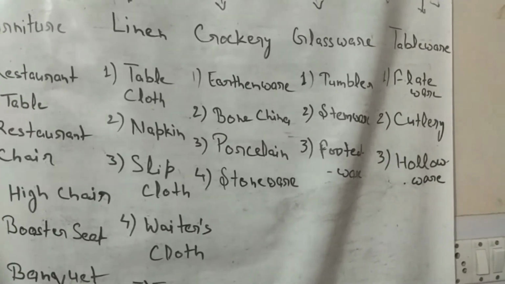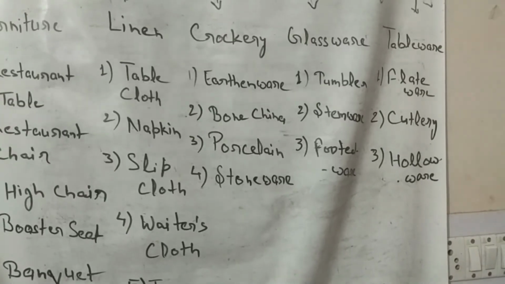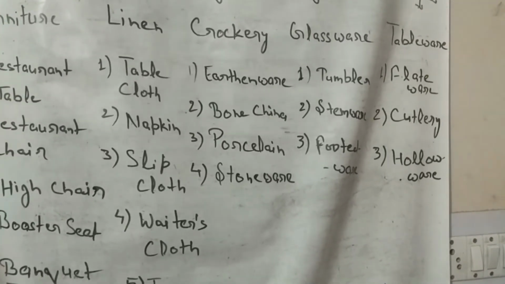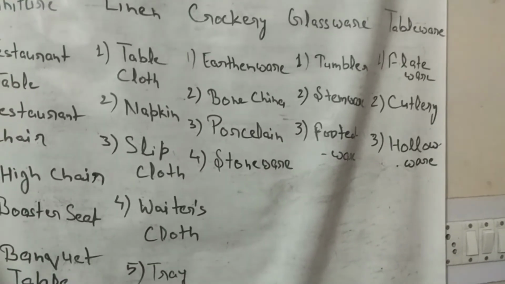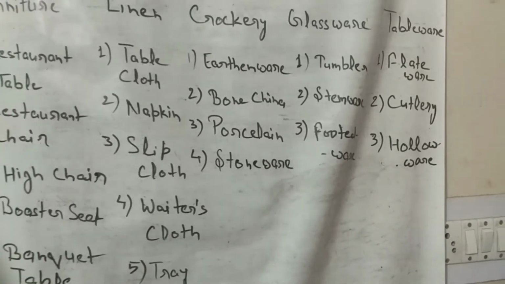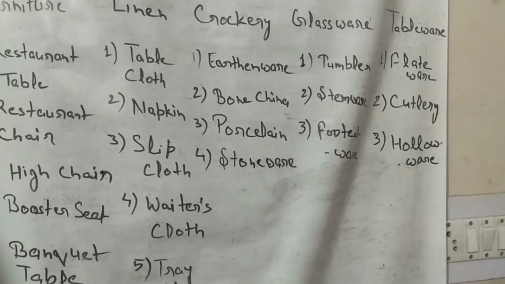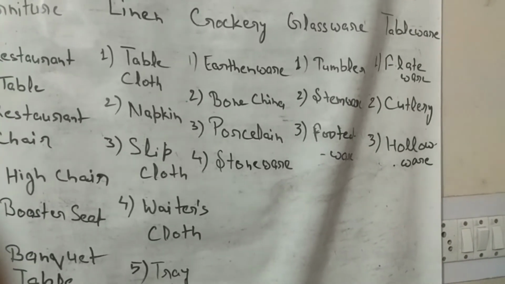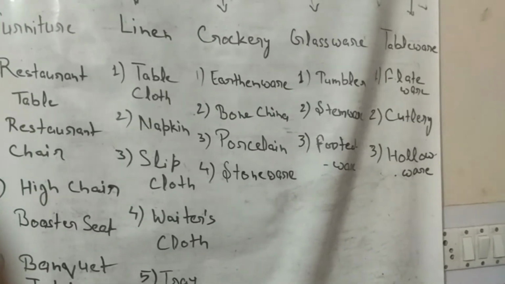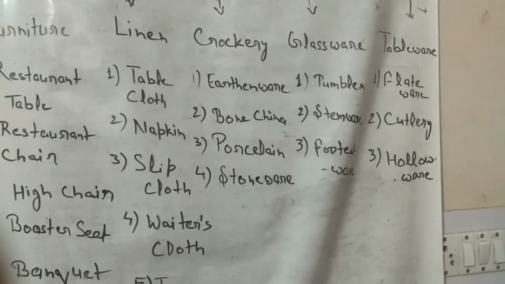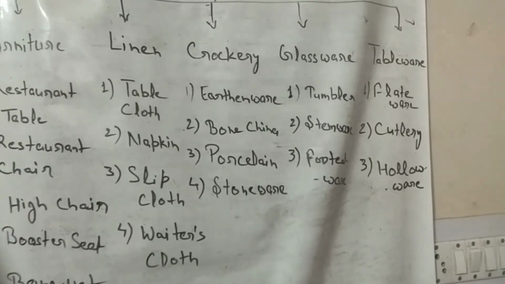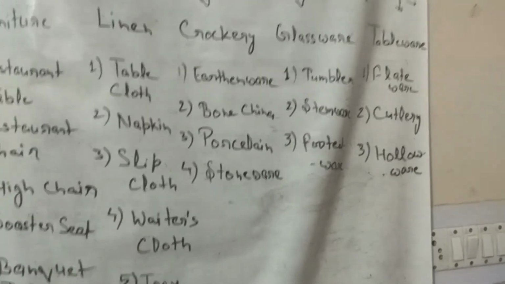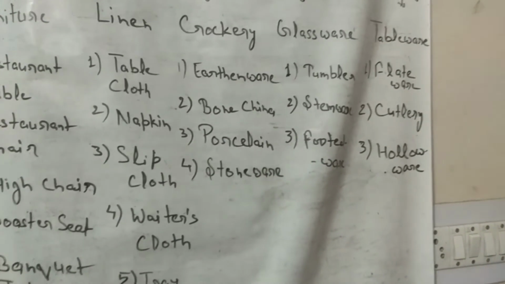An example is rock glass, old fashioned, highball, Collins, juice glass, etc. And the next is footedware. In footedware, the bowl sits directly on the base or foot without the stem. Bowl and base may come in a variety of shapes. For example, brandy balloon, beer goblet.